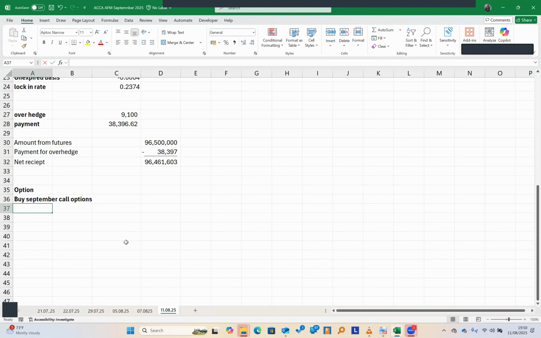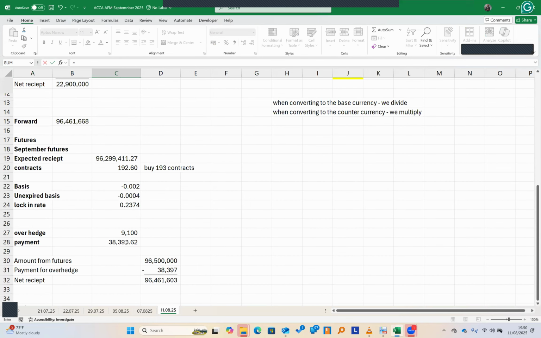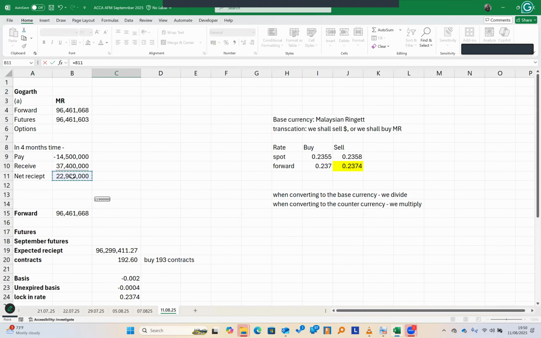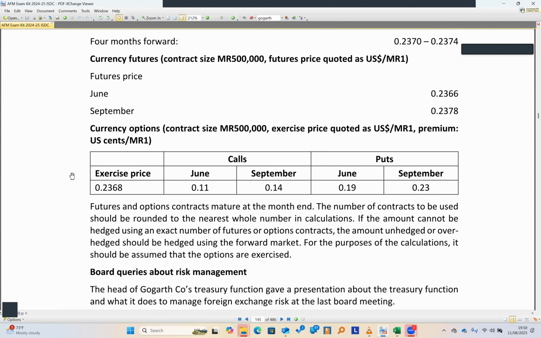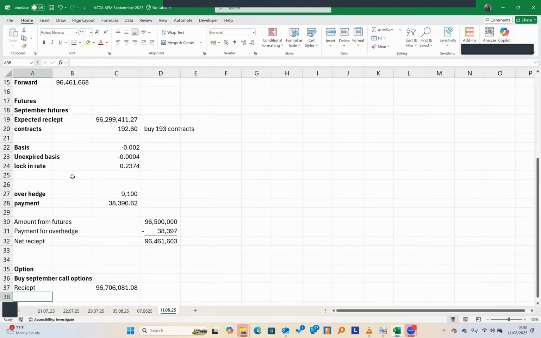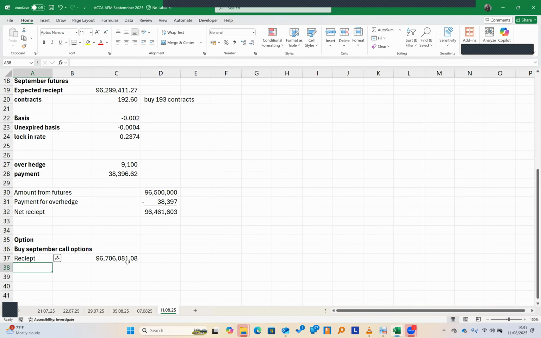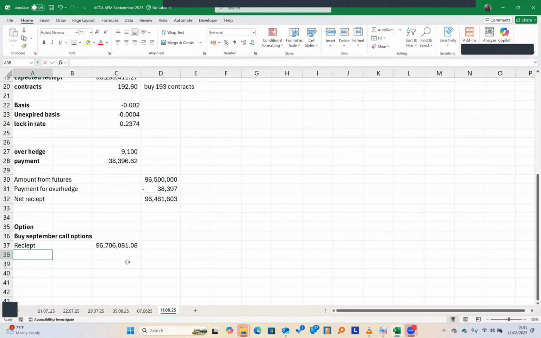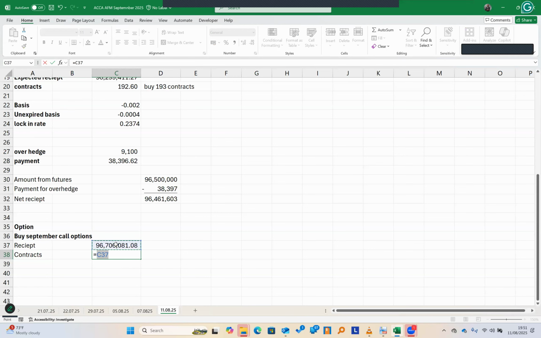So how much will I receive? I receive the same amount, 22.9, but I divide it by 0.2368. So I'll receive 96.7. And therefore, the contracts, remember, each one is 500,000.